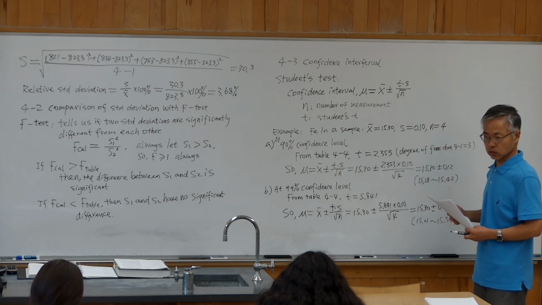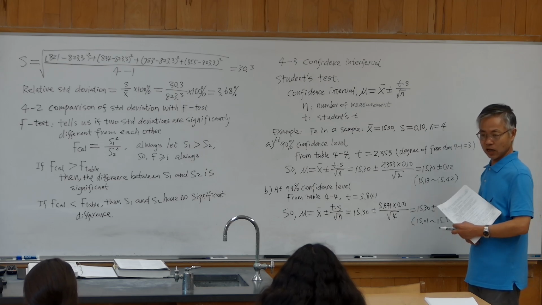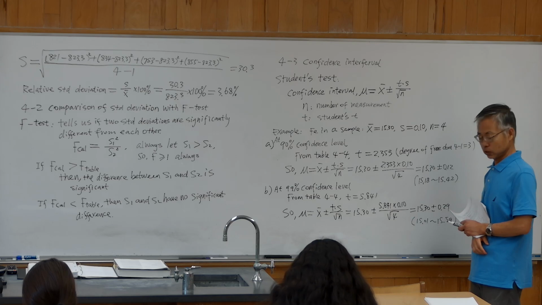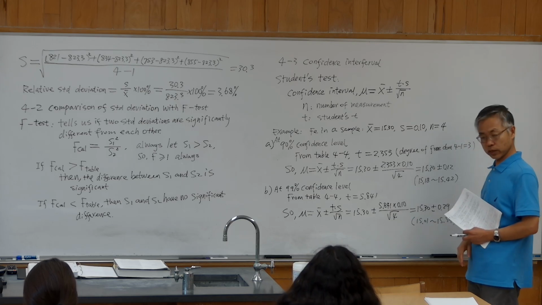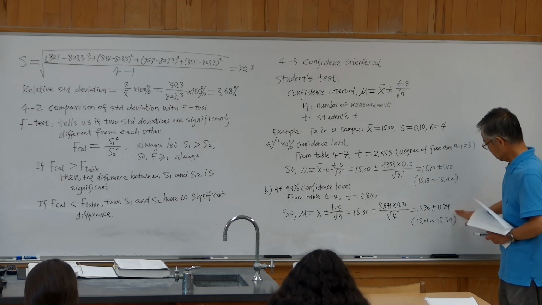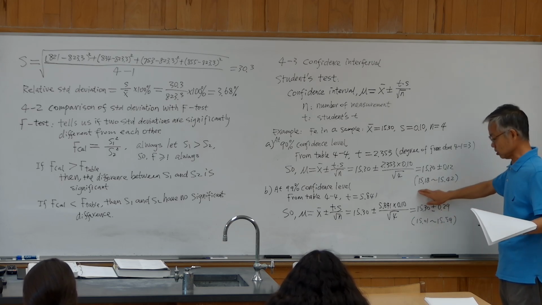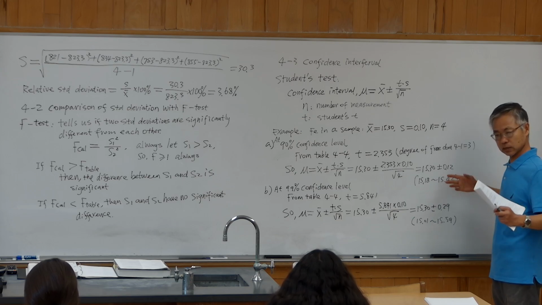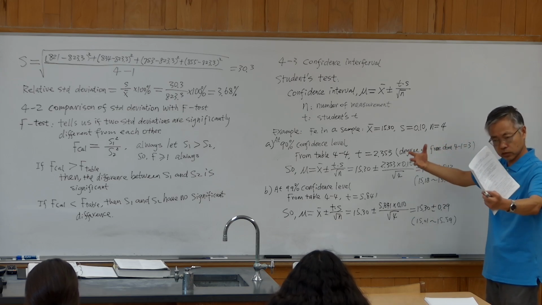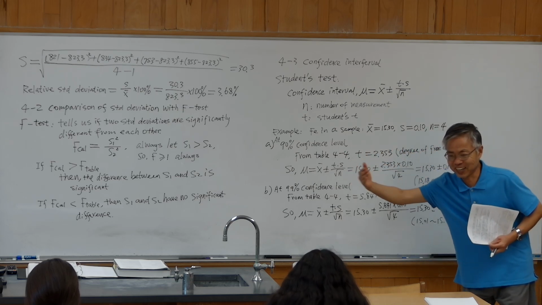This example also tells us if you want to be more confident of the true value being covered by this range, your range will be larger. See this? This is a larger range, right? This is a smaller range. The larger the range, the more confident it covers the true value. Of course, with a larger range, everything is covered.